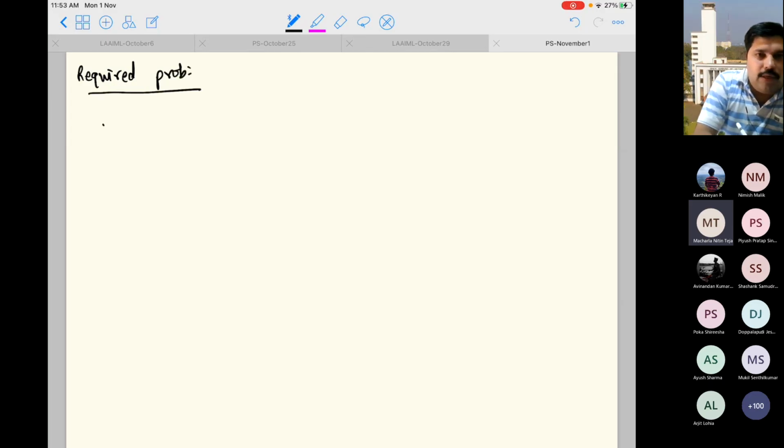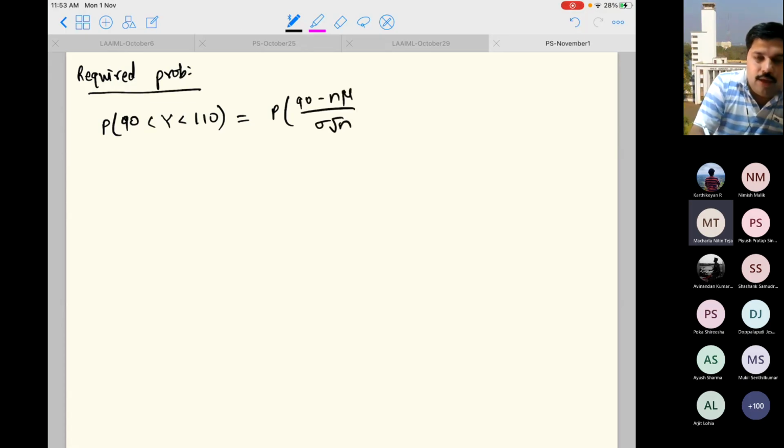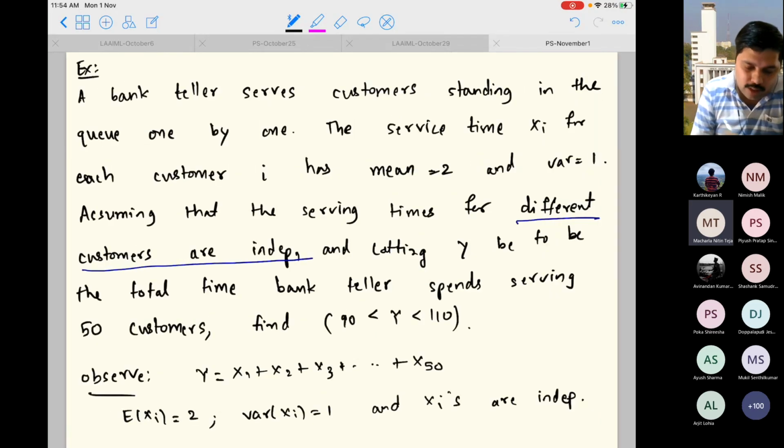The required probability is probability 90 less than y less than 110. This is basically the same as 90 minus n mu divided by sigma root n less than or equal to y minus n mu divided by sigma root n less than or equal to 110 minus n mu divided by sigma root n.